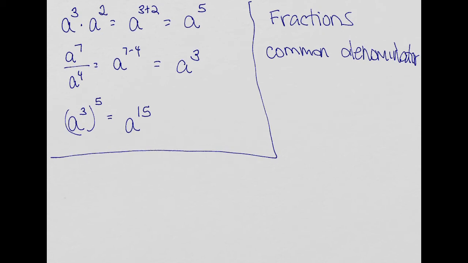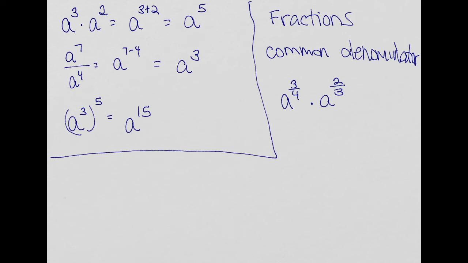So for instance, if I had a to the 3/4 times a to the 2/3, so we're going to add the fractions. And in order to do that, we have to get a common denominator.